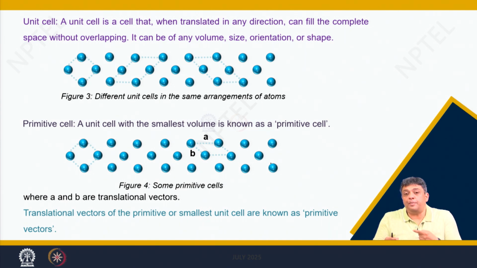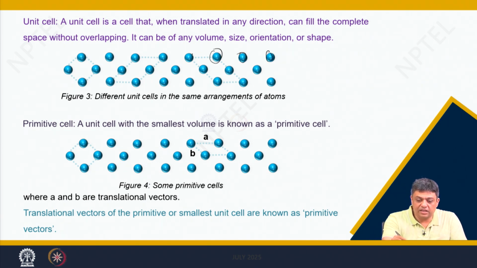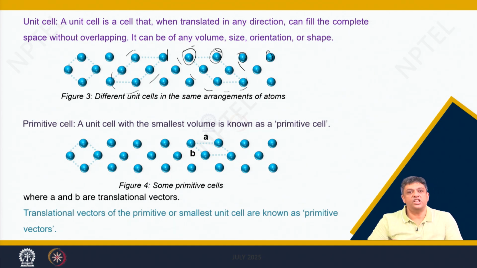Without overlapping, this is critical. That is why the unit cell is called the building block for a crystal lattice. So, one unit cell, then the next, then the next, then the next arrangements form together, and then you can just repeat it one after the other.